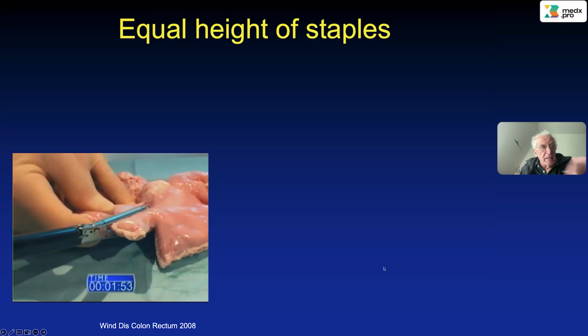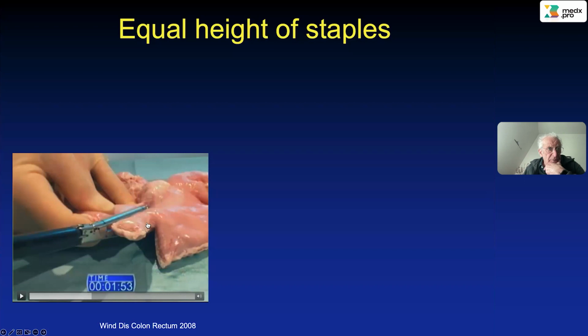Take a look at the angle that is being performed here. The jaws are not completely closed. This is because of the tissue thickness. If you do not wait before you fire the stapling, you're going to have an unequal distance between the jaws here and here.